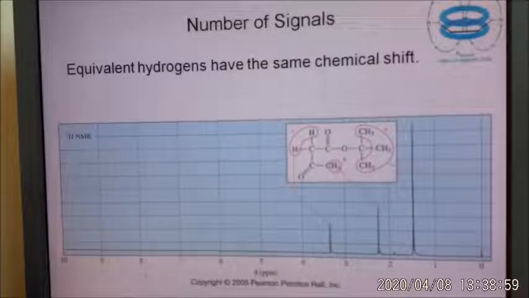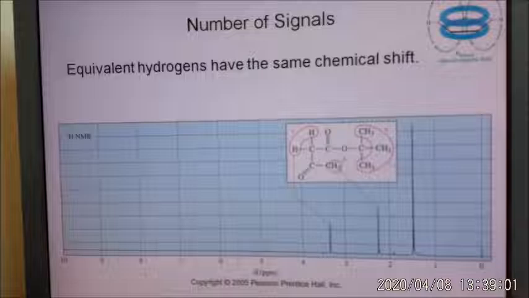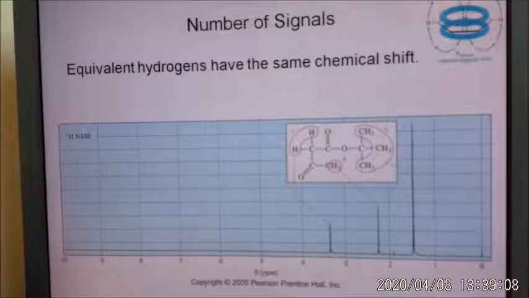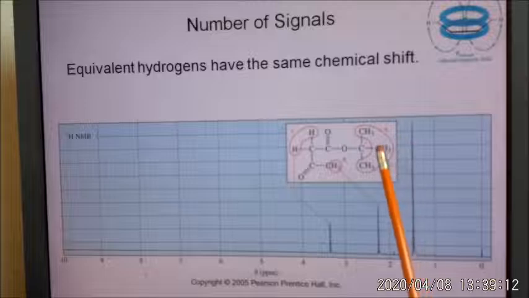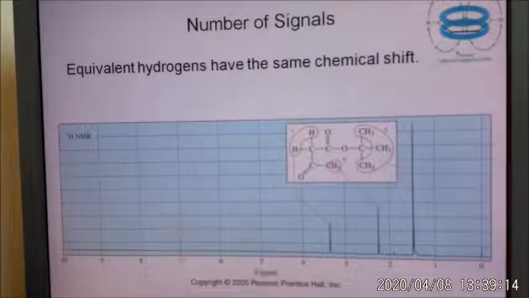So the effects, when you're looking at long range effects, by the time you get 4 bonds away to 5 bonds away, pretty much it's negligible. Okay, so this is 1, 2, 3 bonds away, and you can still see how strong of an effect this has. At the 2.25, this is right next to a carbonyl. Not surprising.